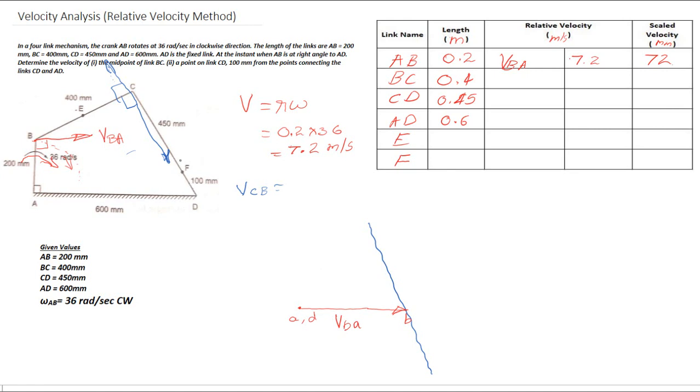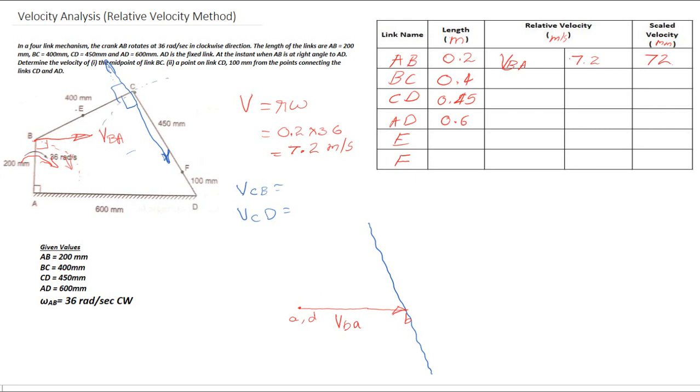Next we are going to plot the velocity of link CD, velocity of C with respect to the point D. Here you can see that D is the fixed point and C is the moving point, so it is capable of moving like this.